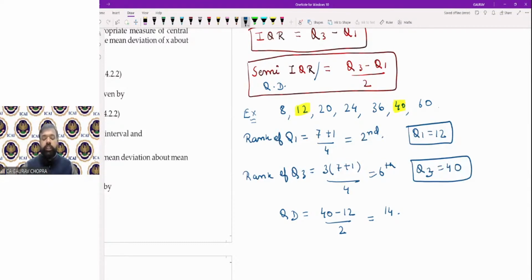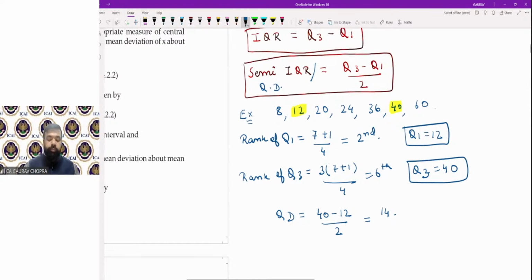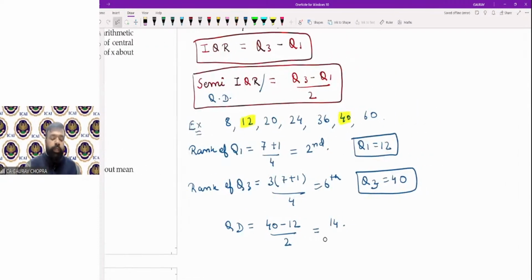If you have to calculate interquartile range, then your answer will be 28. But if you have to calculate semi-interquartile range or quartile deviation, then your answer will be 14. Okay.